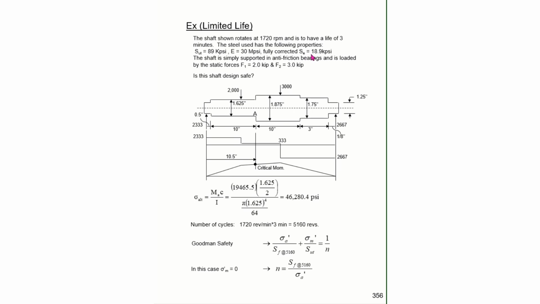So this has been modified to account for the surface finish, size factor, and so forth. The shaft is simply supported in anti-friction bearings and is loaded by the static forces F1 and F2. So we have 2,000 pounds pushing down here, and we have 3,000 pounds pushing down here.